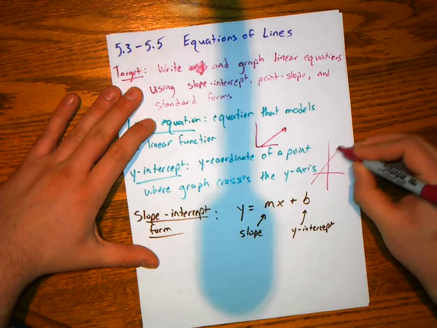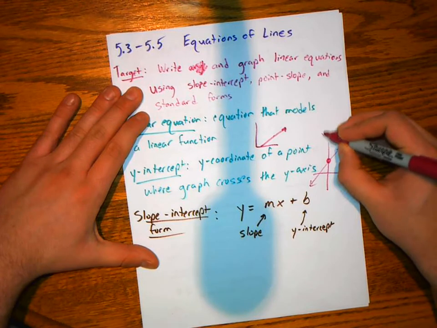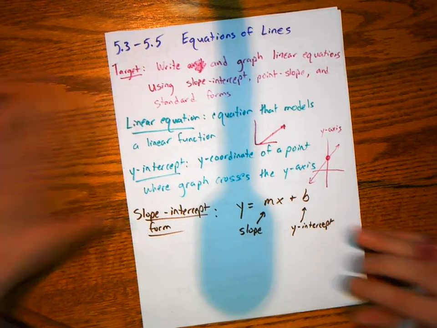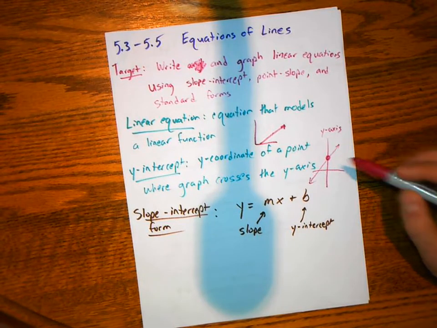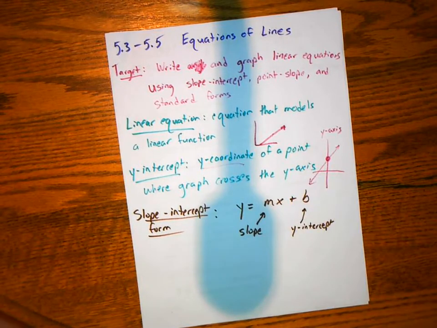So if we have this equation right here, the y-axis is the vertical line, so the point that goes through that vertical line is considered the y-intercept. Every x value on a y-intercept is going to be 0, so the only thing we need for the y-intercept is the y-coordinate. The x's are always going to be 0.